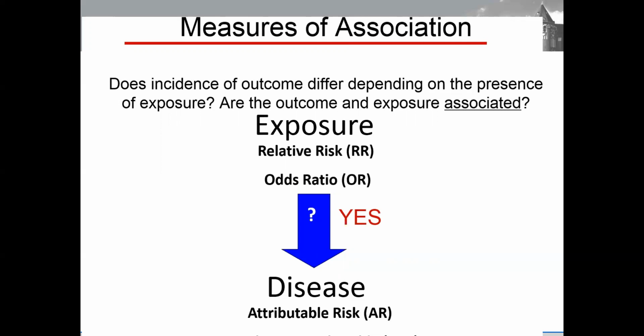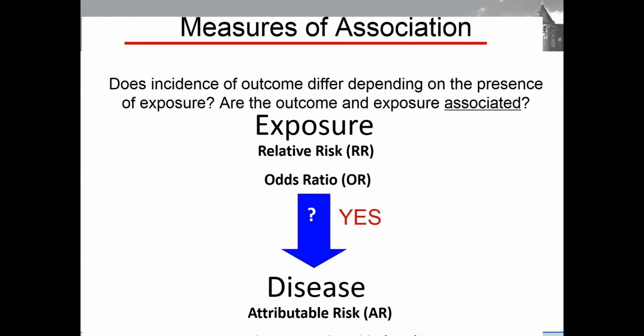So how do we assess if there's a relationship between exposure and outcome? How can we measure this? We can use our measures of effect or measures of association. We have our relative risk, the RR, or our odds ratio, which we can use.